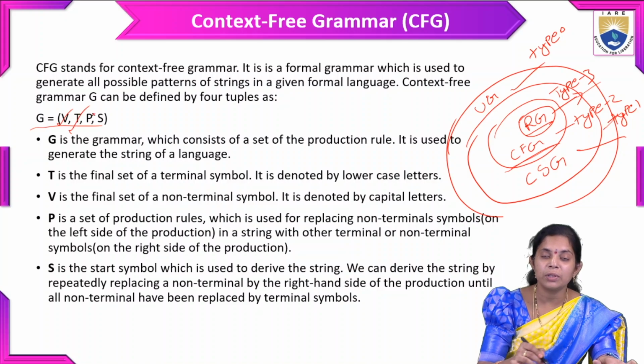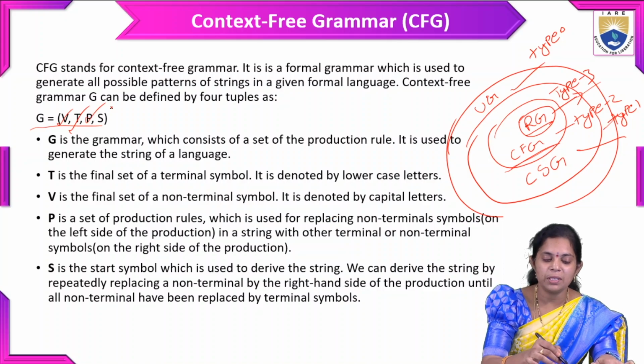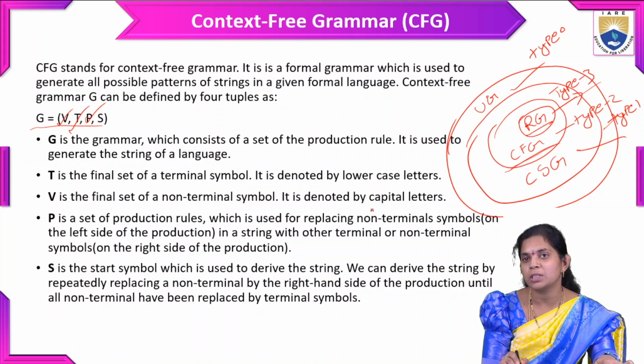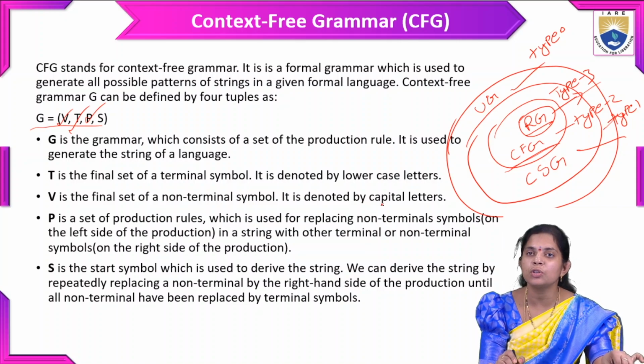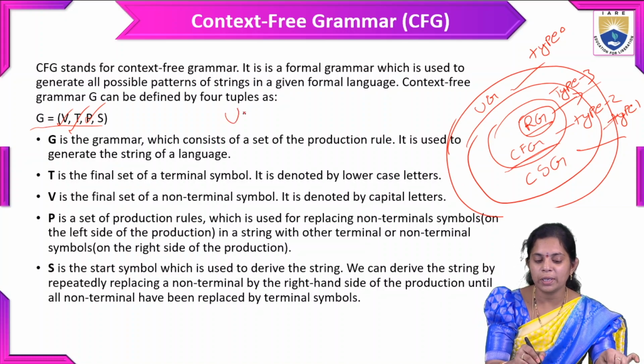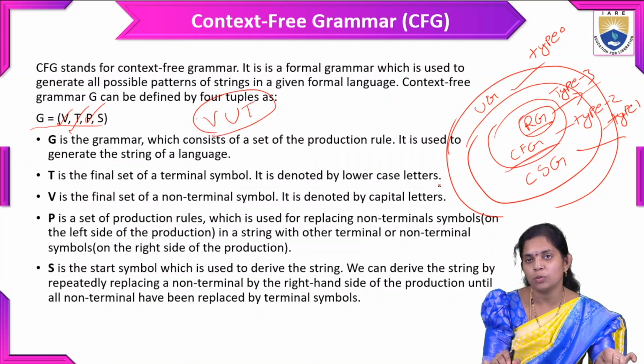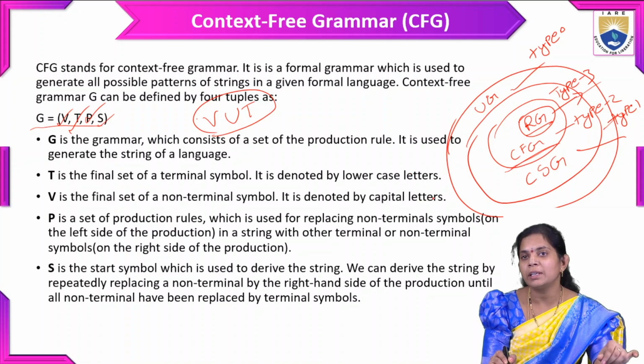And T is nothing but the terminals, the input strings. The alphabets are named as terminals. P is nothing but the productions. Productions are a combination of both V and T, so we can also write V union T. We can combine them together to form production rules. And S is the start symbol. These are the basic grammar definitions for the context-free grammar.